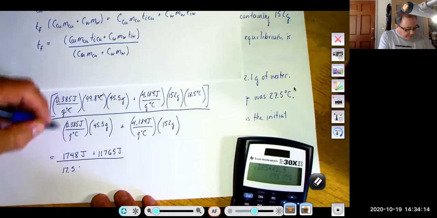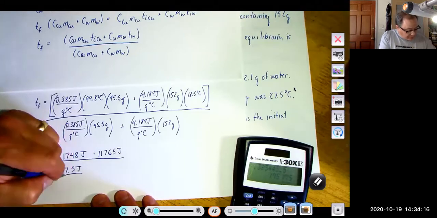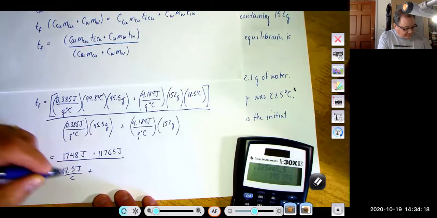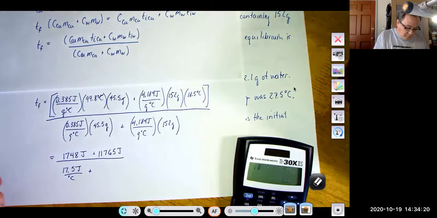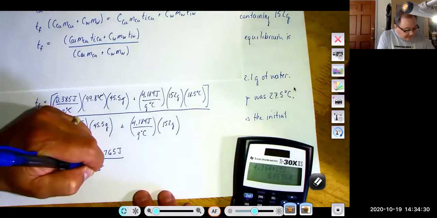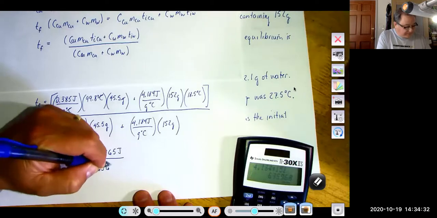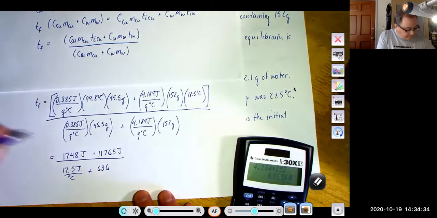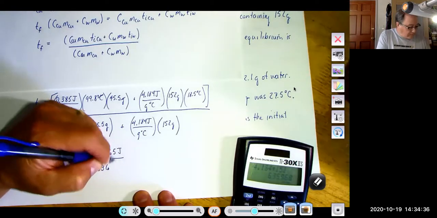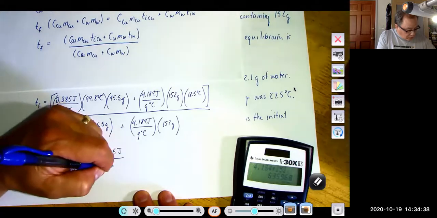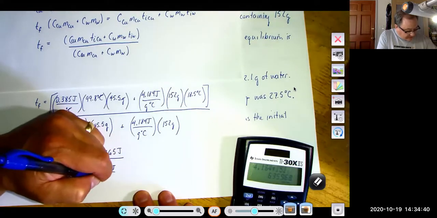And then the grams cancel, so joules per degree Celsius, plus 4.184 times 152, 636 joules per degree Celsius.